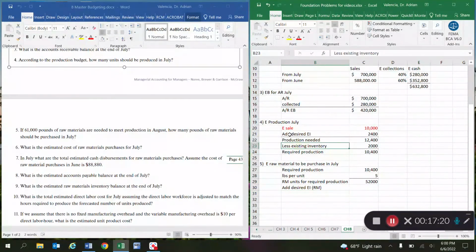This was the desired ending inventory for finished goods, the actual units themselves, whereas here we're talking about the raw materials needed for those finished goods. So this is going to be 10% of 61,000 pounds, which is 6,100 pounds.